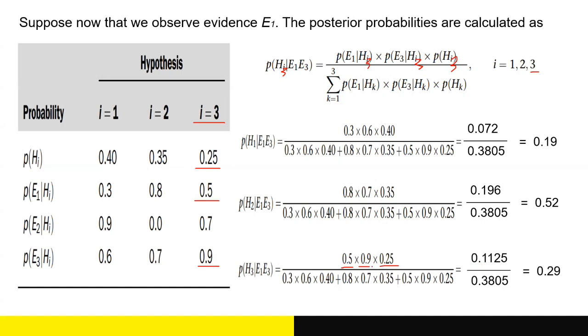And if we multiply them, their product is 0.1125 divided by 0.3805. So the probability of hypothesis 3 given evidence 1, evidence 3 is 0.29. So after observing evidence 1, hypothesis 1 has decreased drastically from before, and hypothesis 2 has increased while hypothesis 3 has also decreased.